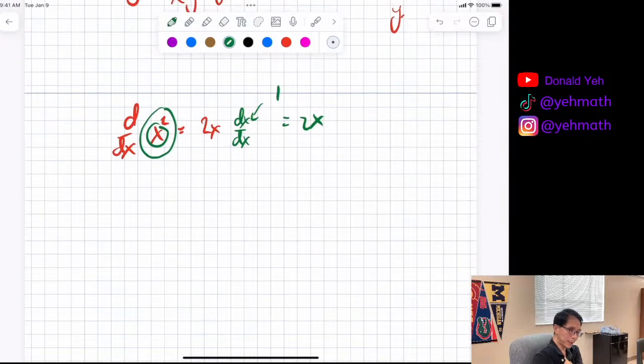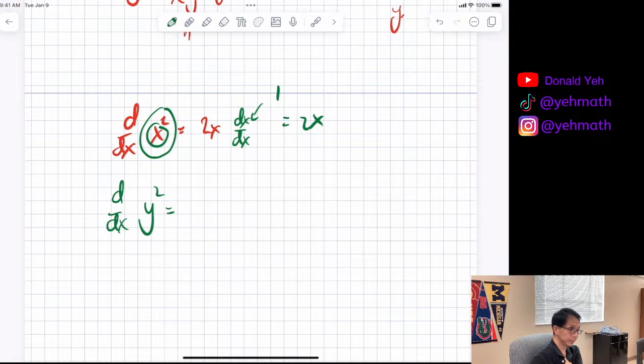Now what happens if you take a derivative of y squared? Nathan, I know you watched the video, so you know it. Good. Turns out there are 2 layers as well, right? But 2y, we got that, easy. But there's more. You have to take a derivative of y with respect to x.